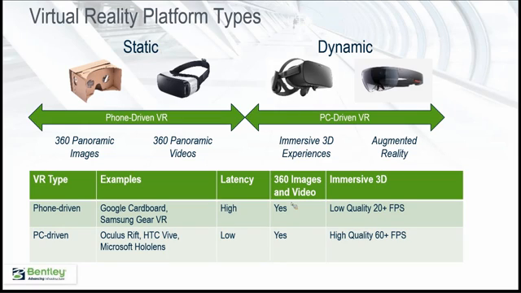So generally, phone-driven VR applications are limited to panoramic images and panoramic videos. In other words, canned media, where you're not really allowing the user to walk around inside of the scene, but they can actually look at things. They can move their head up and down, and see in a panoramic way what you're presenting.